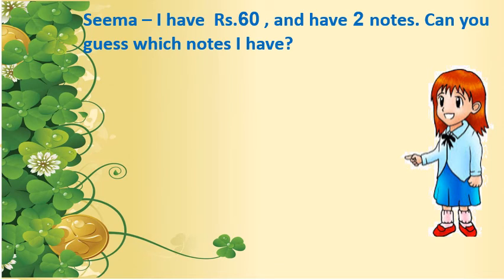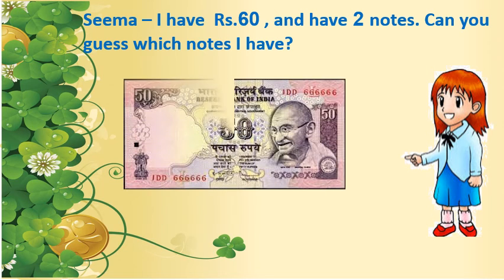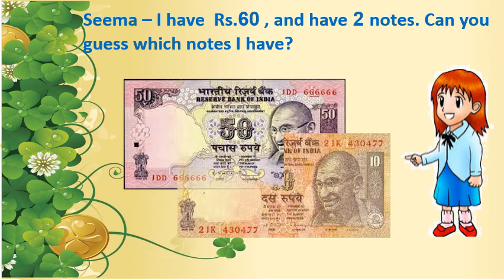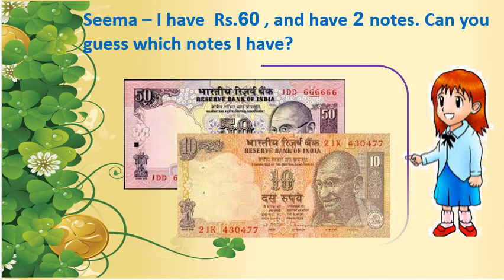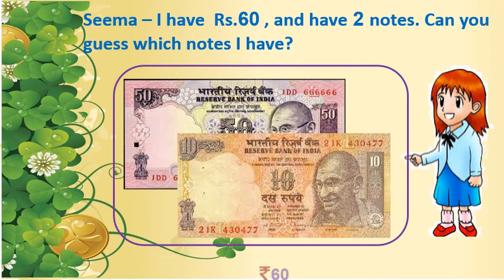No, wrong that is. She is telling that she has only 2 notes. Yes. Did you get the answer? Yes, you are right. She has 1 50 rupee note and 1 10 rupee note. The total is nothing but rupees 60 and only 2 notes. Absolutely right you are.